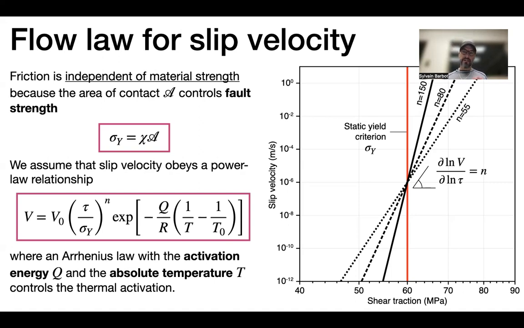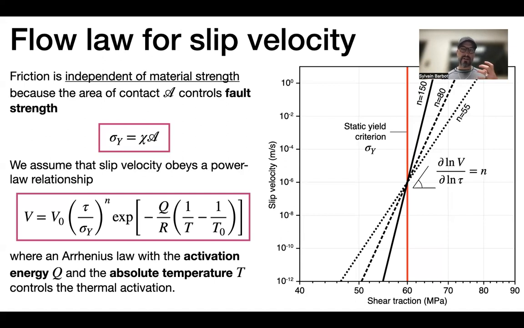So then we can devise a flow law for the velocity of sliding, which is the second expression shown here, where the velocity is proportional to stress to a power times a function of temperature. This function of temperature is an Arrhenius activation with an activation energy Q and a reference temperature T0. And the stress is relative to this yield stress sigma y.